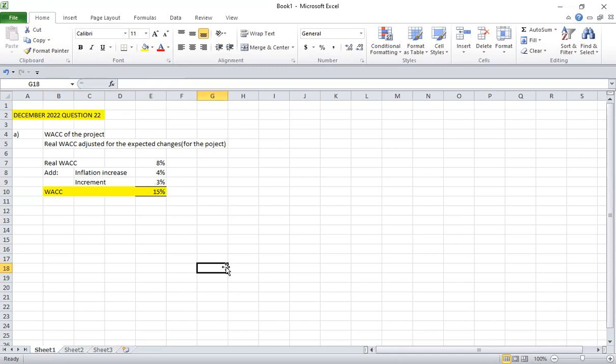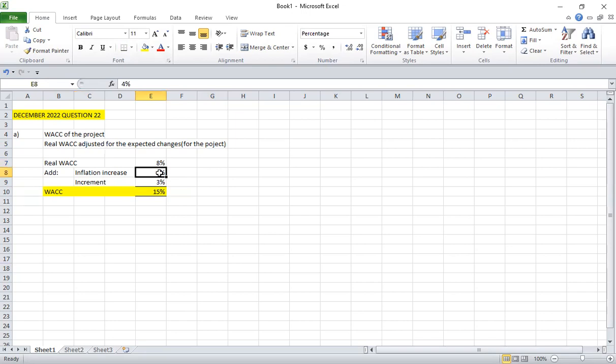Is there any question on this? So simply take what is considered real and adjust for the changes you expect for the project. In this case, the real is 8%, and we are expecting inflation to be at 4%.